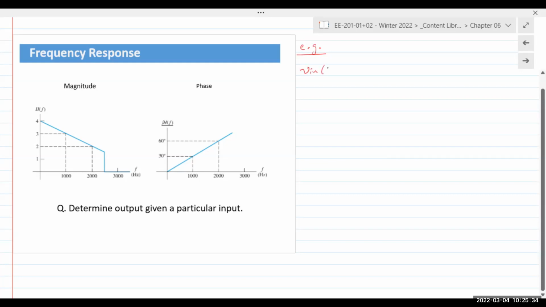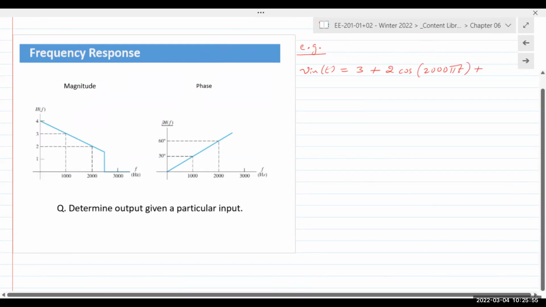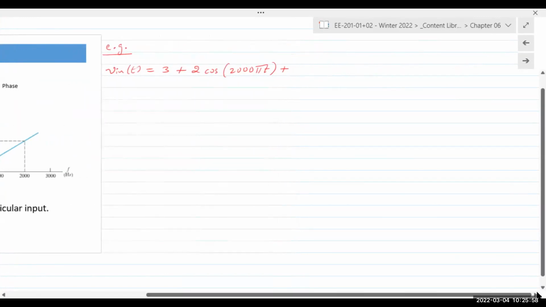V in of t is given to us as 3 plus 2 cos of 2000 pi t plus cos of 4000 pi t minus 70 degrees.